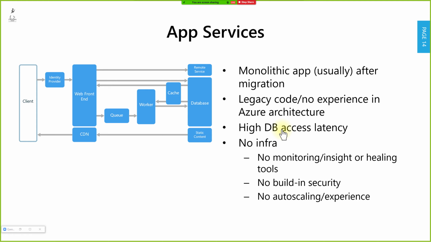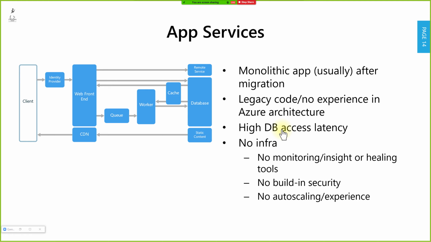There is no infrastructure for monitoring inside. Auto healing, or at least healing tools. There is no built-in security inside the application, and there is no auto scaling inside the application and experience. So all of this stuff you have to add inside your application or rebuild the application.